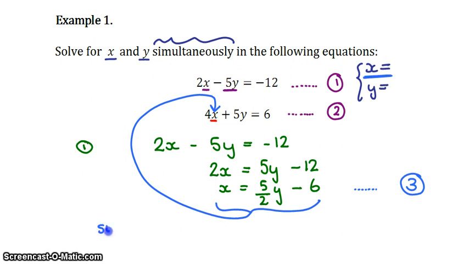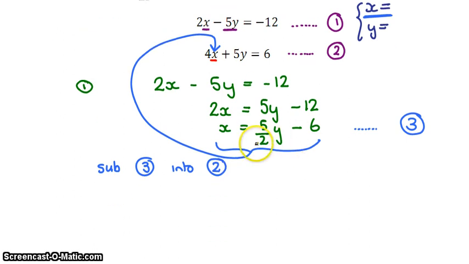So I'm going to substitute my equation number 3 into equation number 2 because the x that works in equation 1 has to also be the same x that works in equation 2. So instead of writing x, I'm going to write 5 over 2y minus 6 because that's what x is equal to, and it's the same x in both equations.